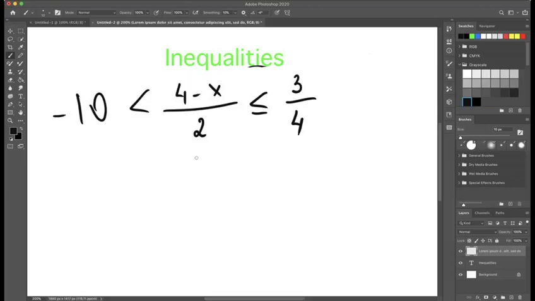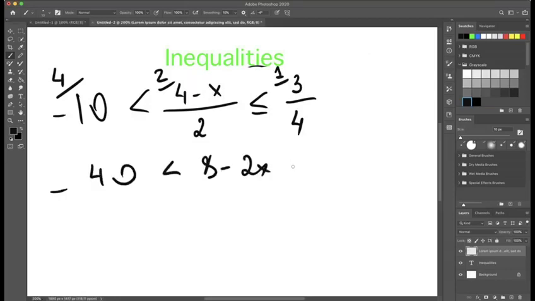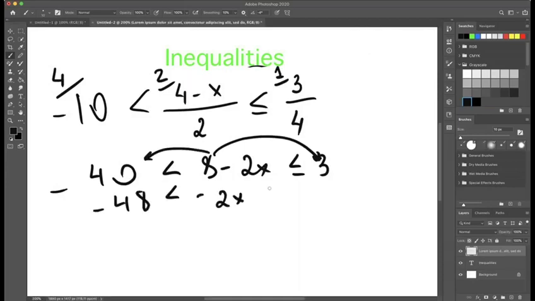So first of all, we have to cancel all the denominators and then continue. So what is the common denominator? For 2 and 4 it is just 4, yes? So there's 4, there's 2, and there's 1. Negative 40 less than 8 minus 2x, less than 3. Now again, I'm taking 8 and moving it to all sides. Negative 48, negative 2x, and negative 5.